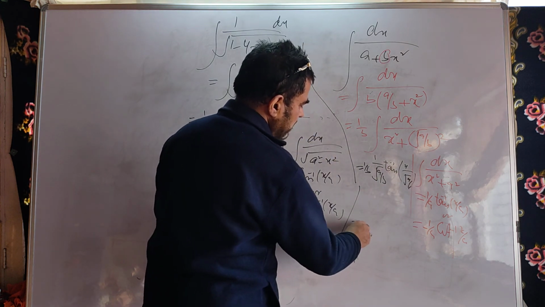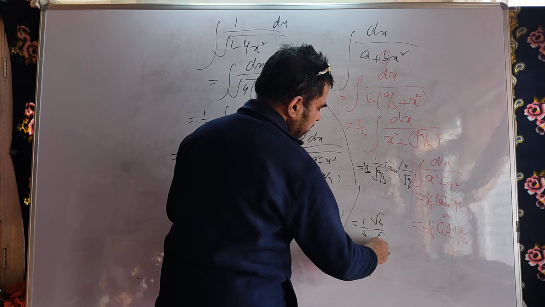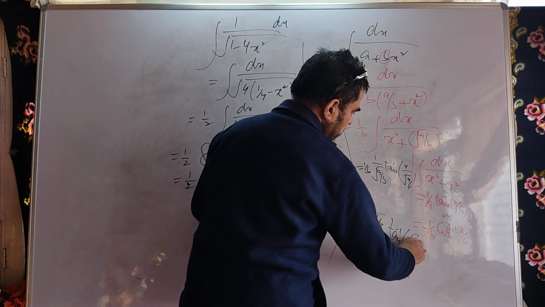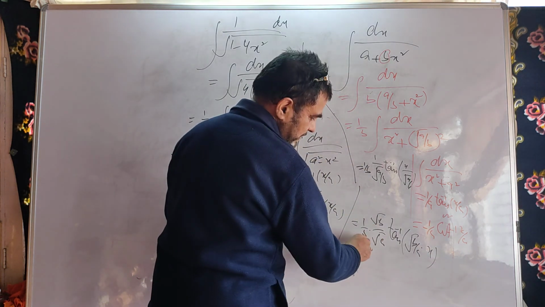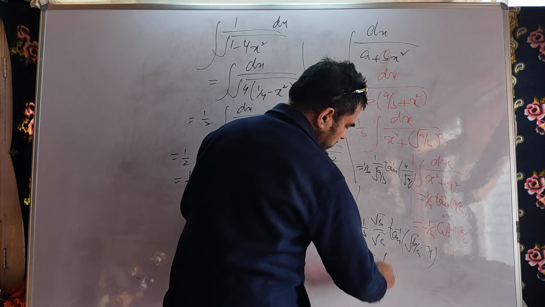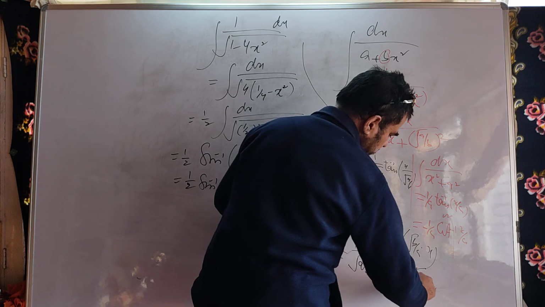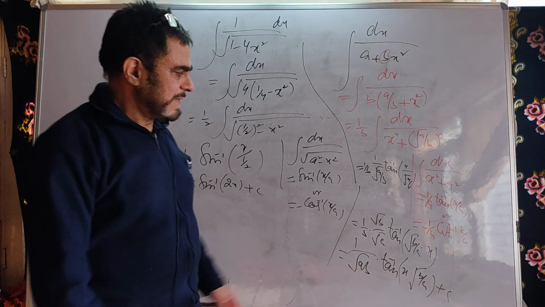This comes out to be 1 by b, you will write it root b by root a, tan inverse root of b by a times x. By rationalization you can write it 1 by root ab into tan inverse x under root of b by a plus c. You have some results like this.